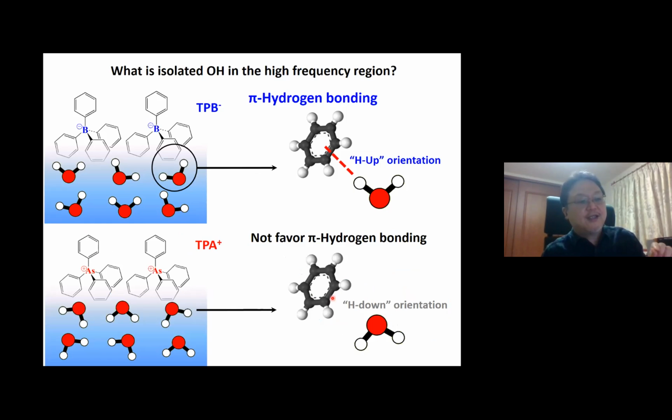Of course, in the case of TPA plus, water has H-down orientation. Certainly, with this configuration, OH cannot effectively form the pi hydrogen bond. This is the reason that at the TPA plus water interface, we don't have the energetically isolated OH frequency in the high frequency region.